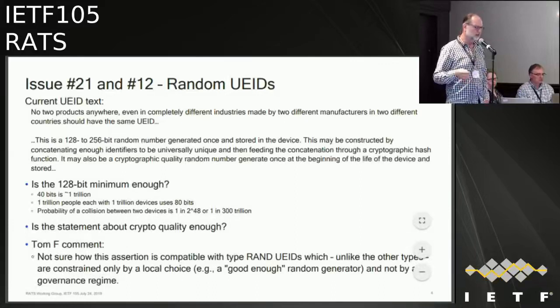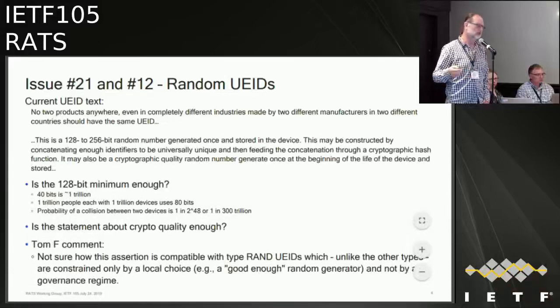There are two types of UEIDs. One can be based on, I don't remember, the IEEE identifier, which is often a MAC address. So that seems all pretty straightforward. But there were a number of comments and questions about UEIDs as random numbers.